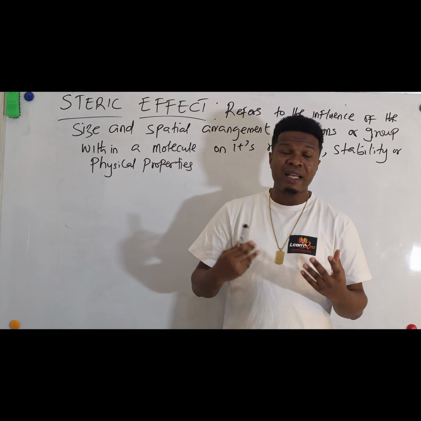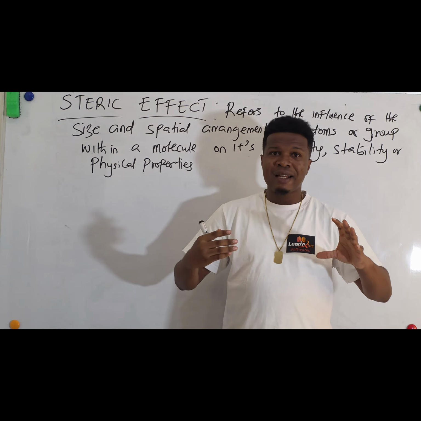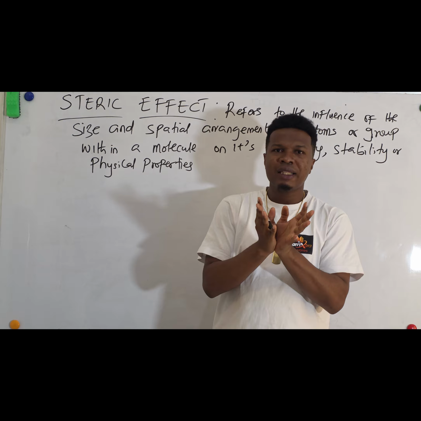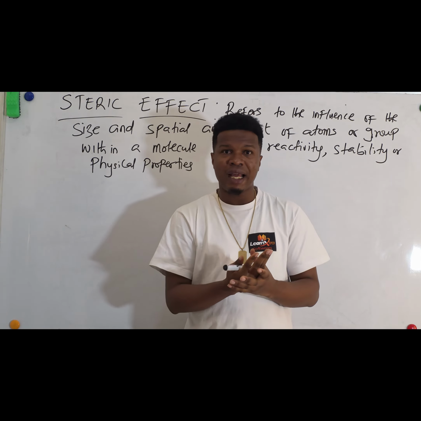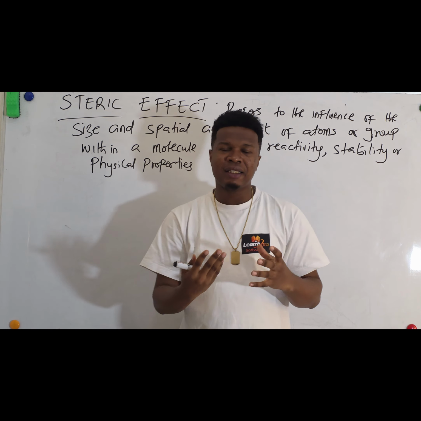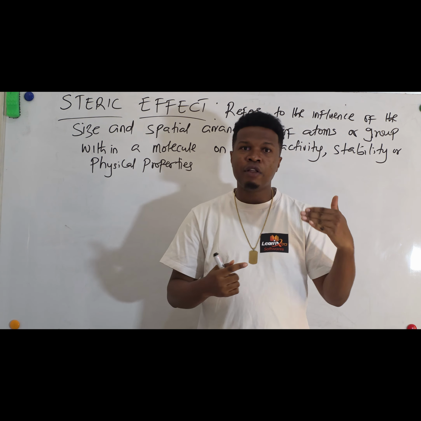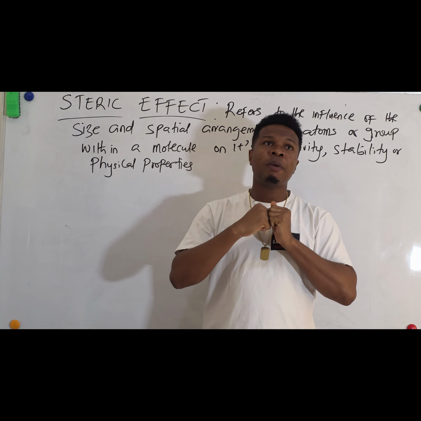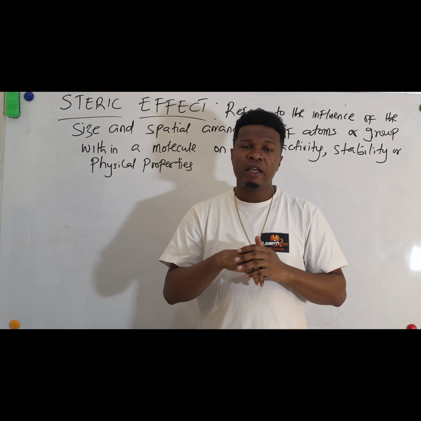Remember when we talked about SN1 and SN2 reactions, we talked about the big barrier. The big barrier is what prevents it from undergoing that reaction. If the substrate is a tertiary alkyl halide and the nucleophile wants to attack from the backside, remember we talked about SN2 and SN1 reactions.